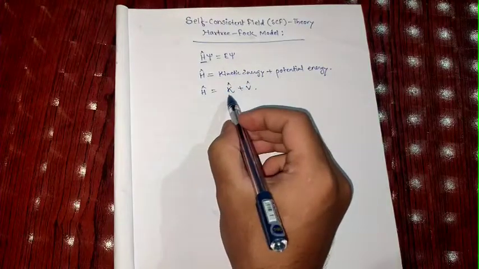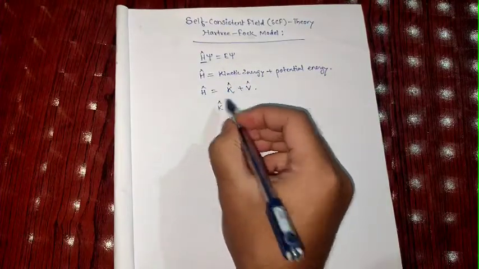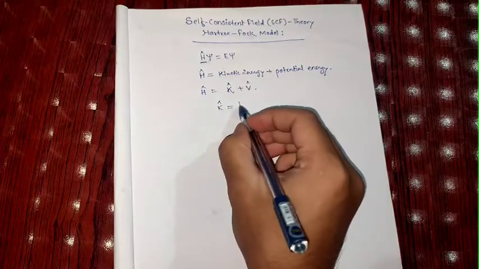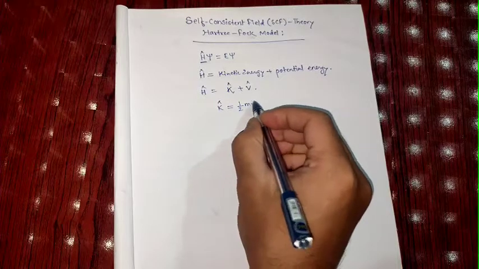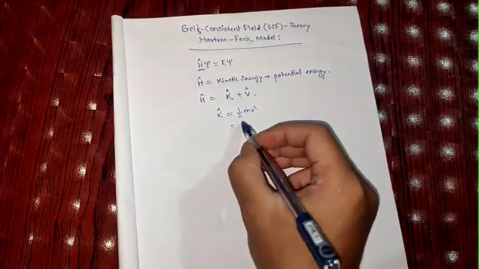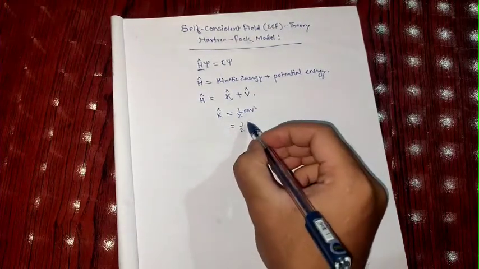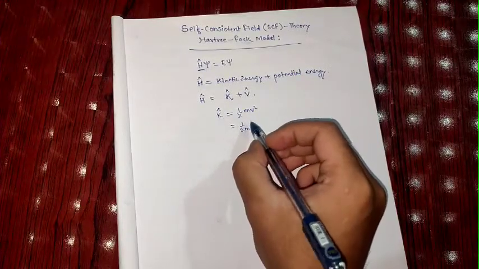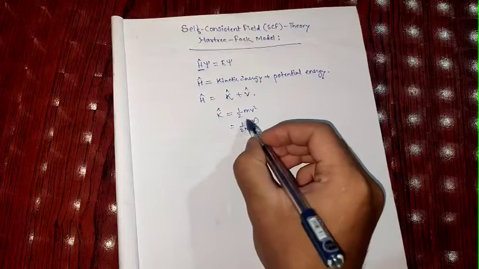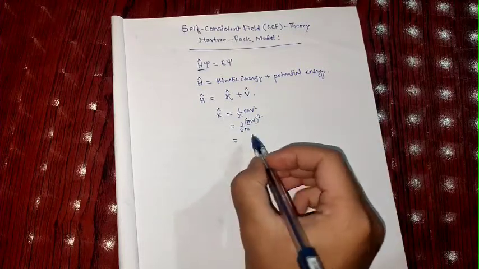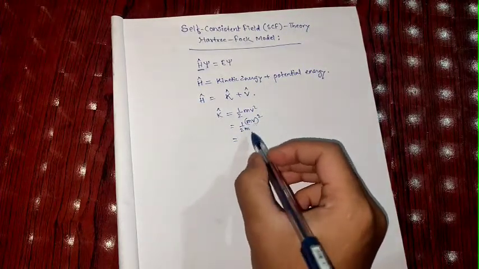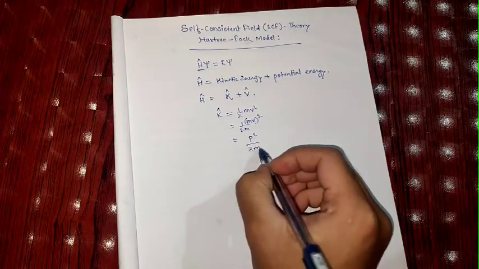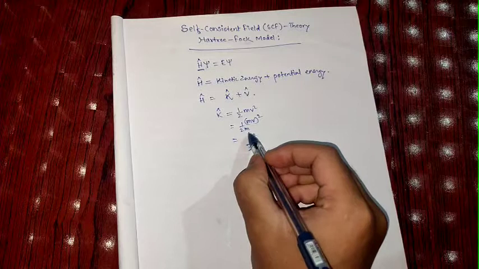So K cap, which is the kinetic energy operator, can be obtained from the kinetic energy formula, half mv square. By multiplying with mass both in numerator and denominator, we get mv means momentum, so we can write p square by twice m, and since it is an operator, we keep the operator symbol.